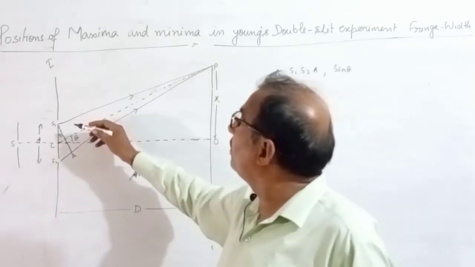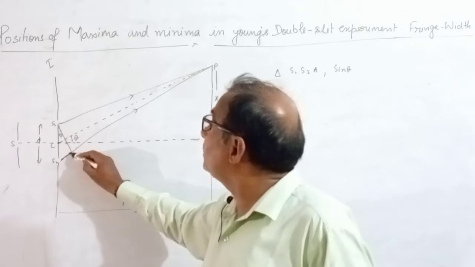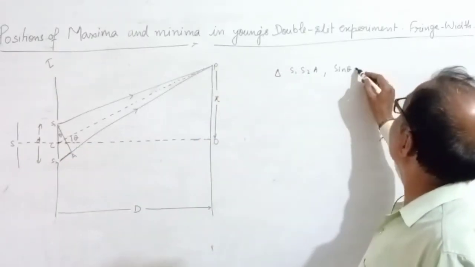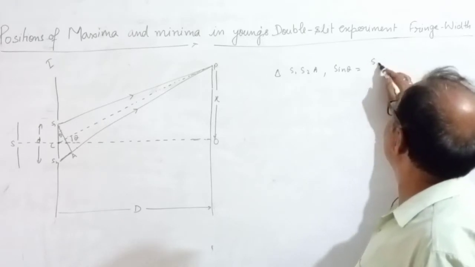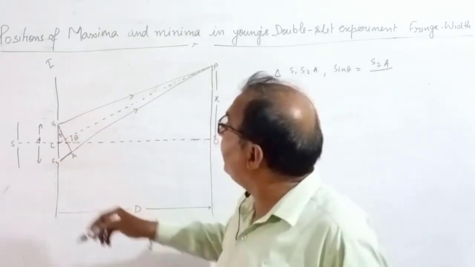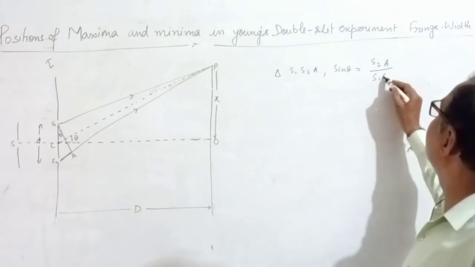What is perpendicular? This is perpendicular. The side in front of theta is always perpendicular. So, sin theta equal to S2A, and hypotenuse. What is hypotenuse? S1, S2.